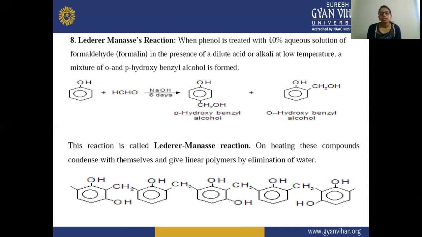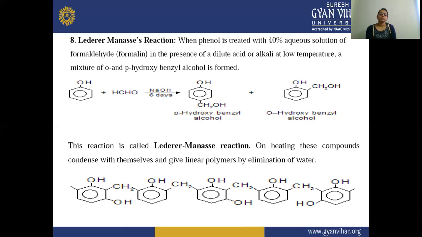Lederer-Manasse reaction. In this reaction we take phenol with the 40% aqueous solution of formaldehyde in the presence of dilute acid or alkali at low temperature, and there is a formation of a mixture of products, ortho and para hydroxybenzyl alcohol. This reaction is called the Lederer-Manasse reaction, and on heating these compounds condense with themselves and give linear polymers by elimination of water.